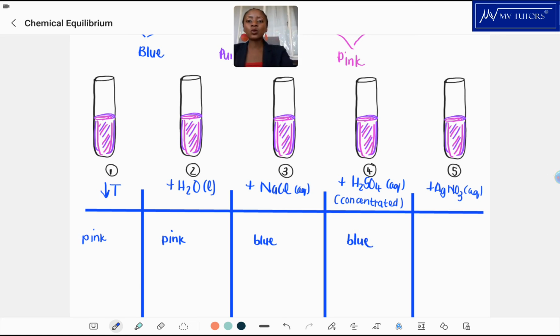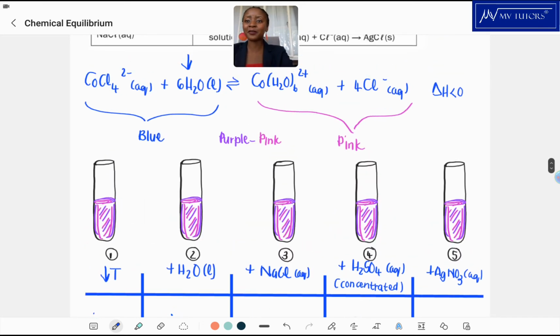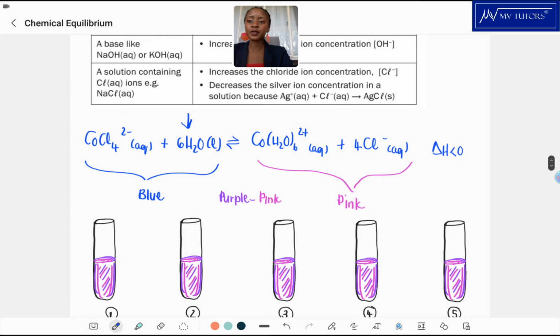And then lastly, what if we add silver nitrate? It won't really affect the reactant side, but on the product side, the silver ions and the chloride ions will come together and form a precipitate.